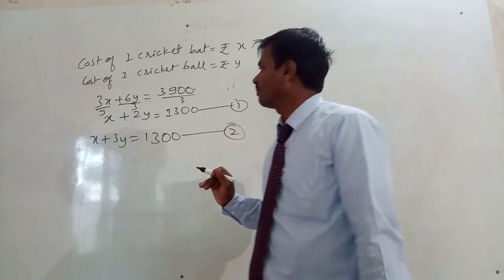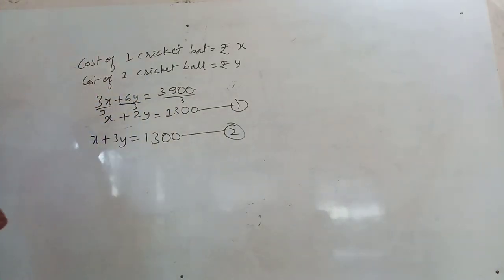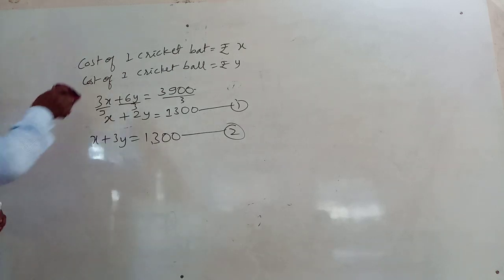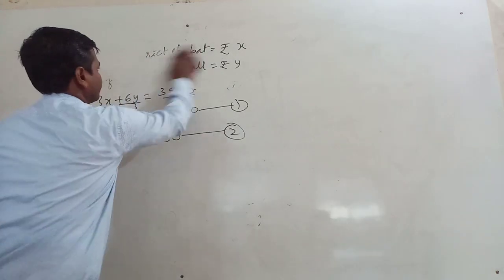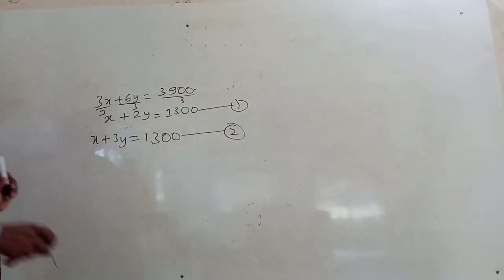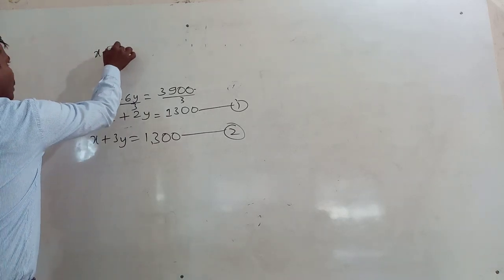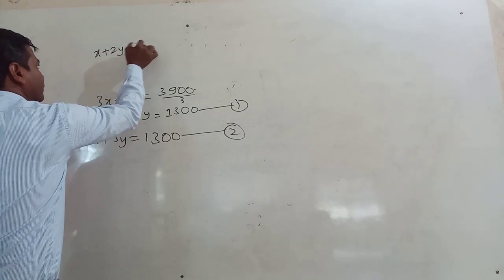Shall we draw the graph now? First case: x plus 2y equal to 1300.